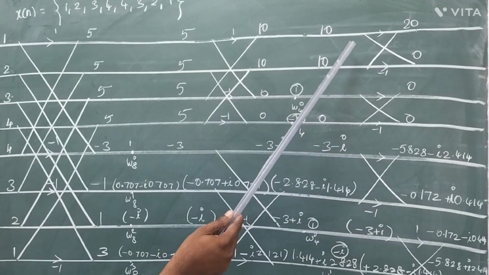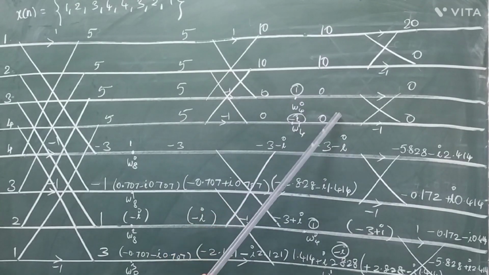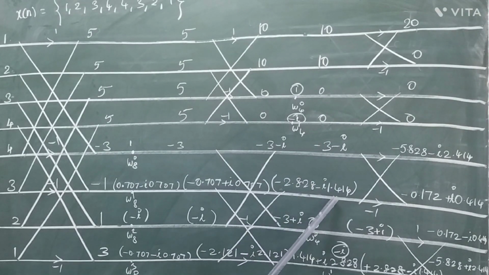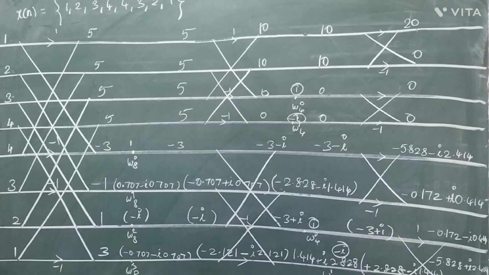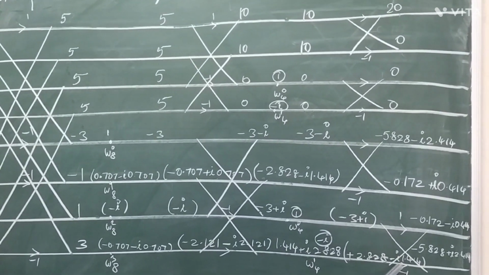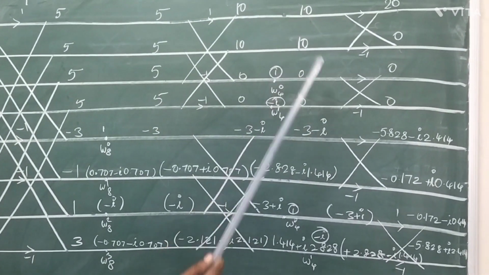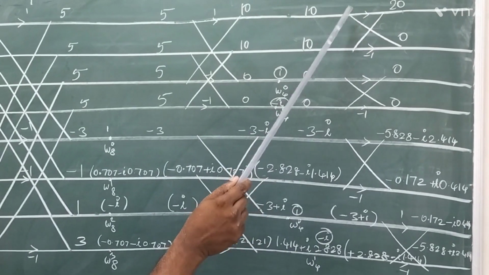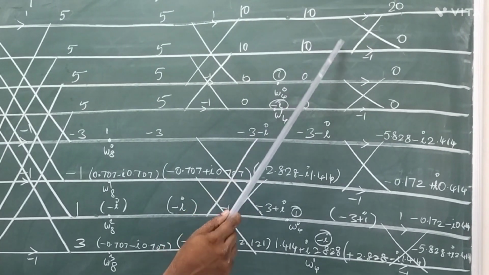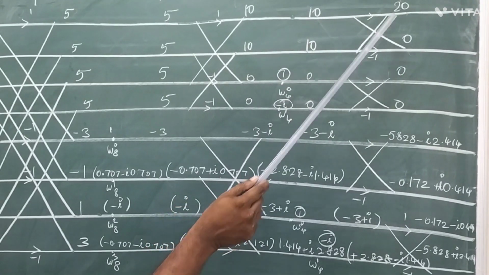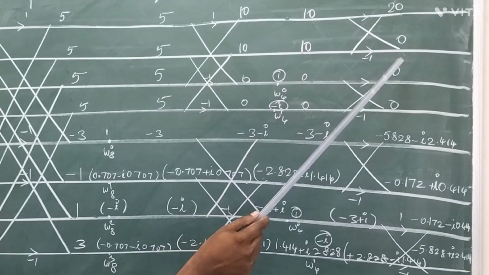In the last stage, the input samples are 10, 10, 0, 0, minus 3 minus j, minus 2.828 minus j 1.414, minus 3 plus j, and then 2.828 minus j 1.414. In the last stage, you just add the 2 samples and subtract the 2 samples. 10 and 10 gives 20, 10 minus 10 gives 0.